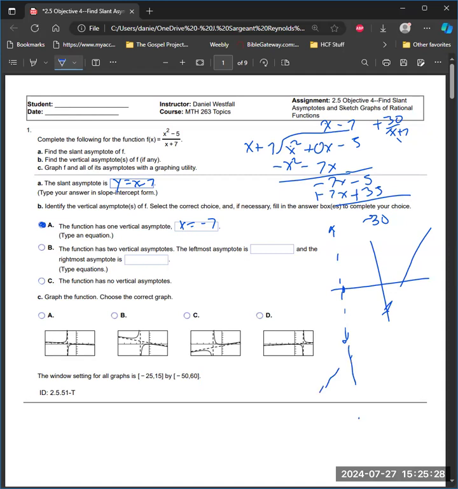And we have a y-intercept at negative 5 over 7. X-intercepts at root 5 and negative root 5. So we're going like this up here. And then we should have the other piece over here as we get close to negative 7 from the left.